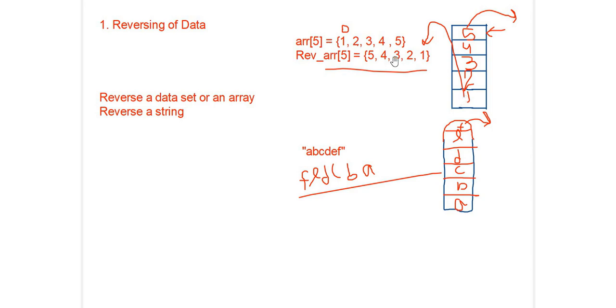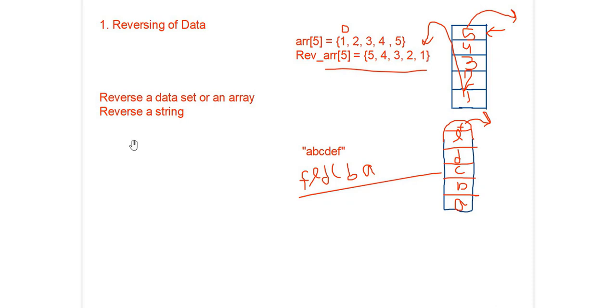Here 1 is pushed into the stack, after that 2, 3, 4 and 5. After that we will pop out each element and print one by one. 5 will be printed, after that 4, after that 3, after that 2, after that 1. You can see our array is reversed. We can store it in another array that is called a reverse array as well.